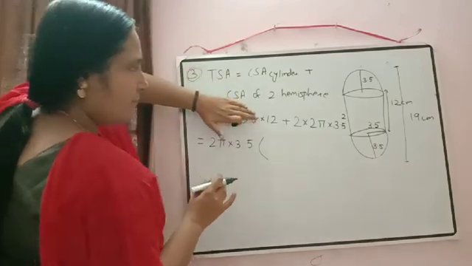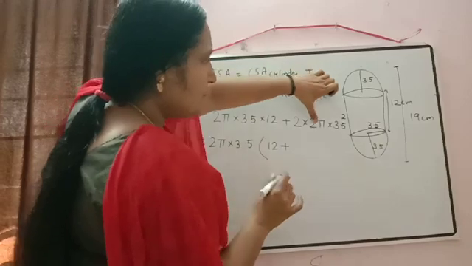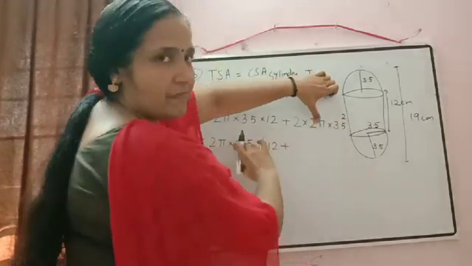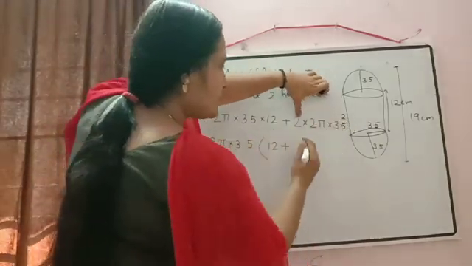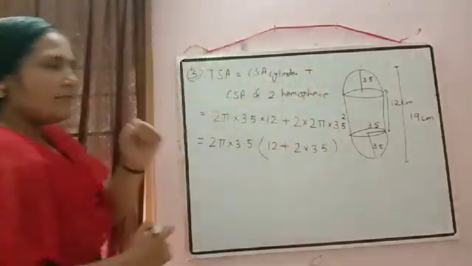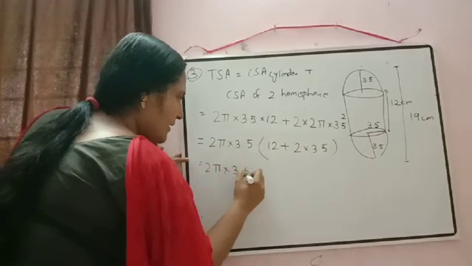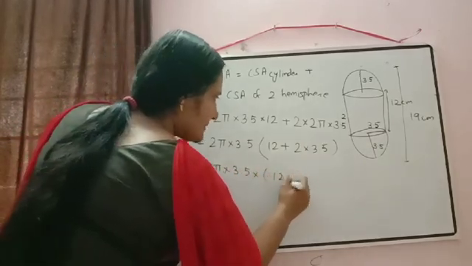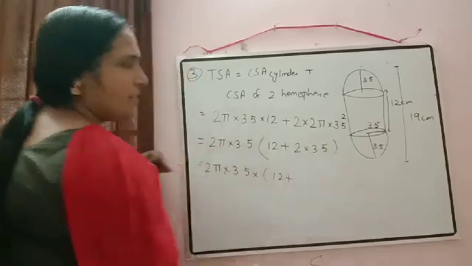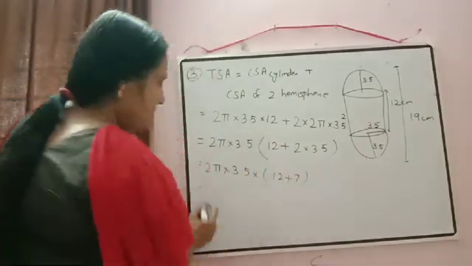With 2 pi and 3.5 taken common, remaining is 12. Here 2 pi and one 3.5 we took common, so 1 is left and this 2 is also left. 2 into 3.5 is left. So 2 pi into 3.5 into 12 plus 2 into 3.5 will be equal to 7. 12 plus 7 will be equal to 19.